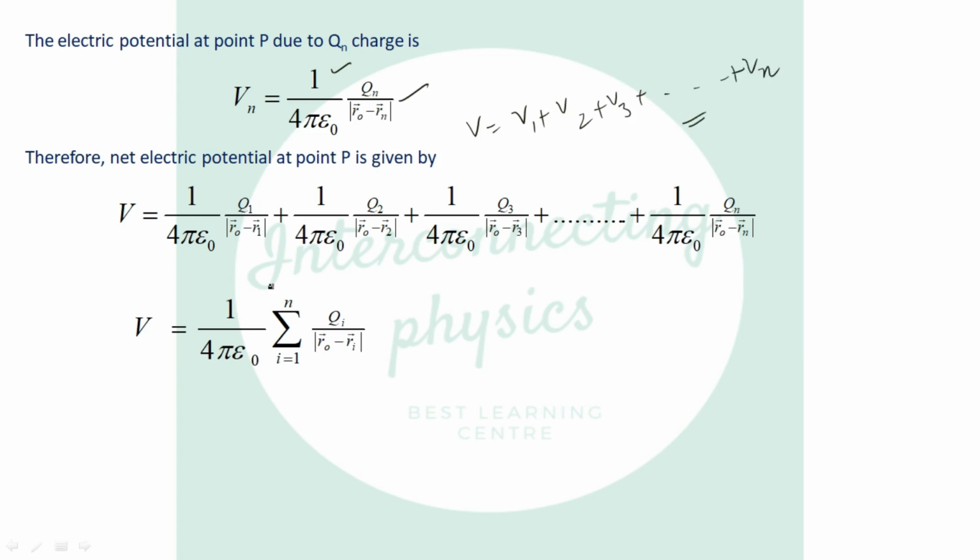Okay. And this is the final relation, but if you want to convert this relation into summation, then 1 over 4 pi epsilon naught is common in all, so it can be taken out of the summation, and the limit of summation is from i equal to 1 to n. Qi divided by modulus of R0 minus Ri vector.